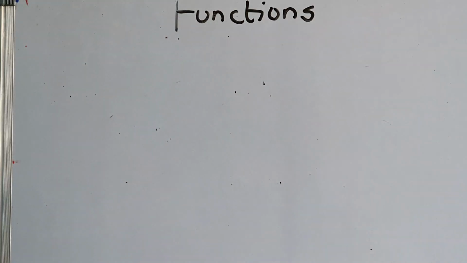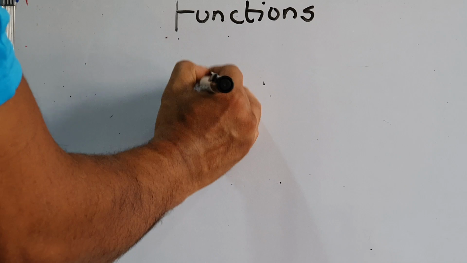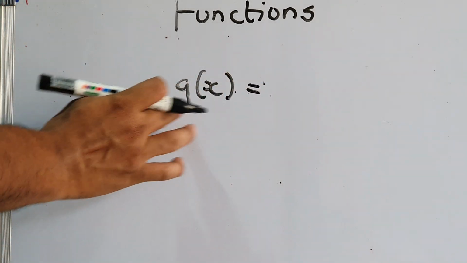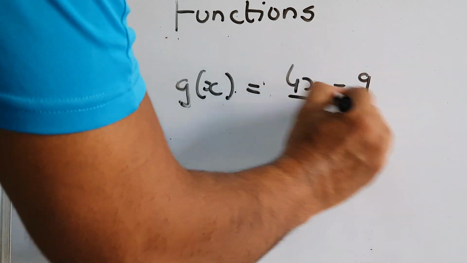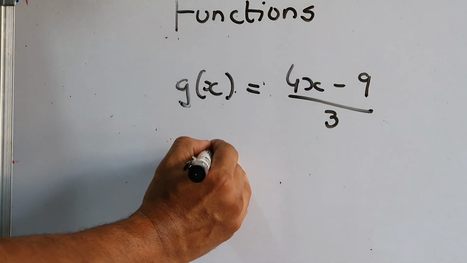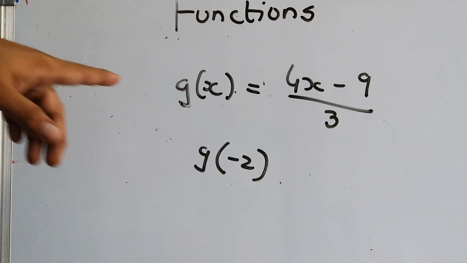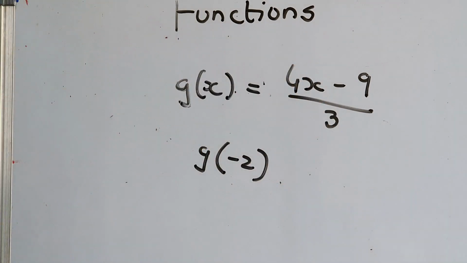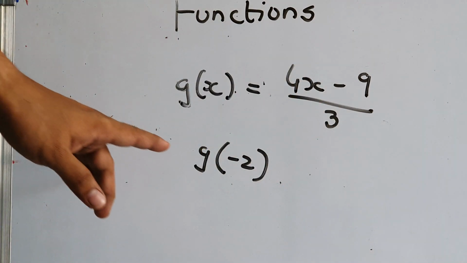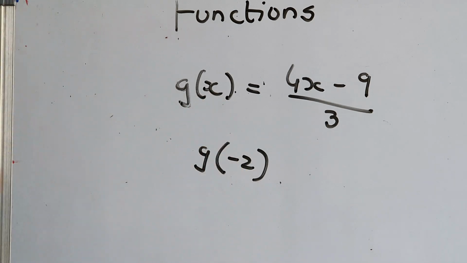Let us take one more example, g of x. They can use any alphabet, don't get confused. g(x) is equal to (4x minus 9) upon 3, and they are asking find g(minus 2). So I need to find out the value of the function when x is minus 2.